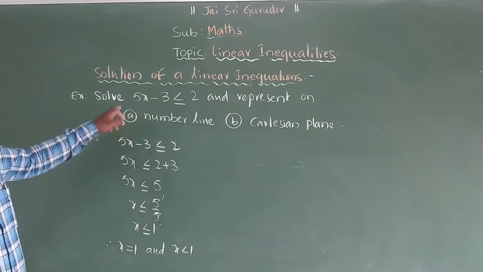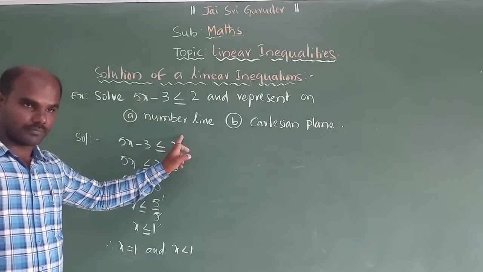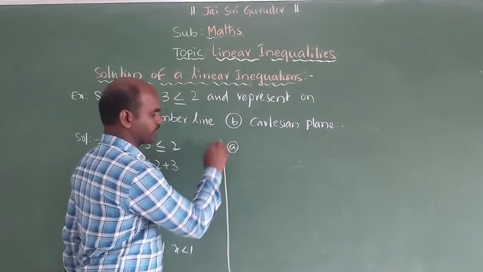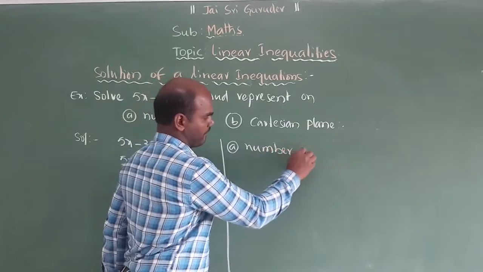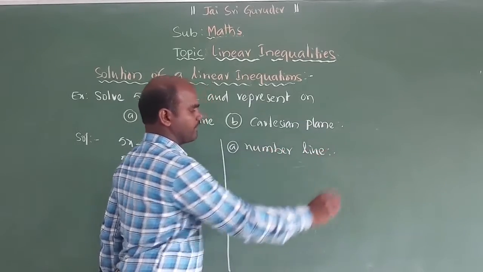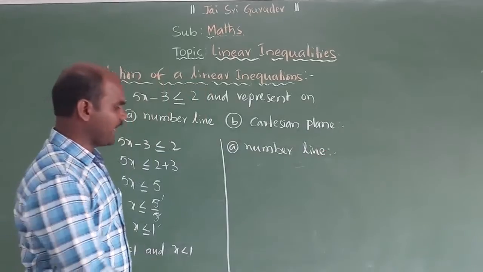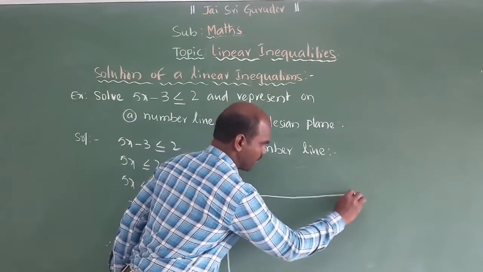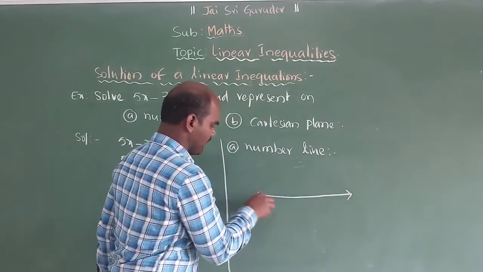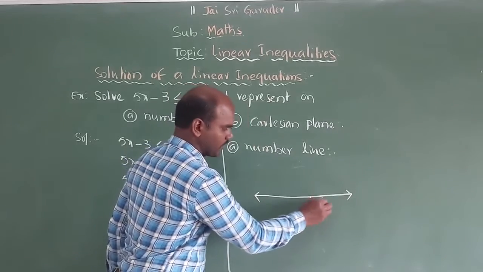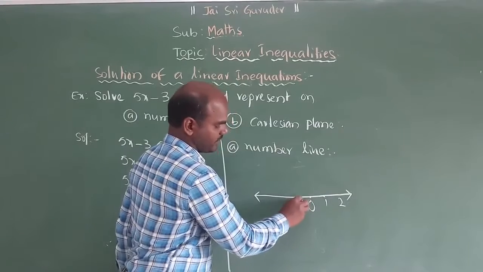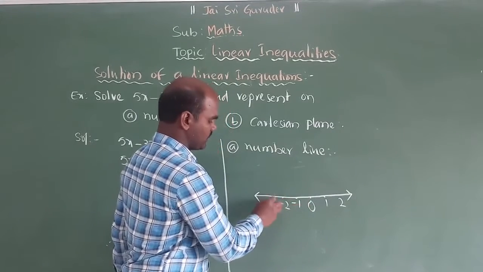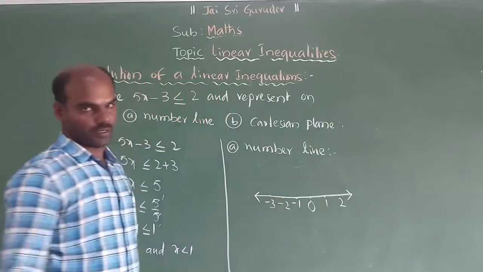Now we have to show it on the number line. I am drawing a number line. In the middle I am taking 0, the right hand side is positive 1, 2, and the left hand side is negative: minus 1, minus 2, minus 3 and so on.